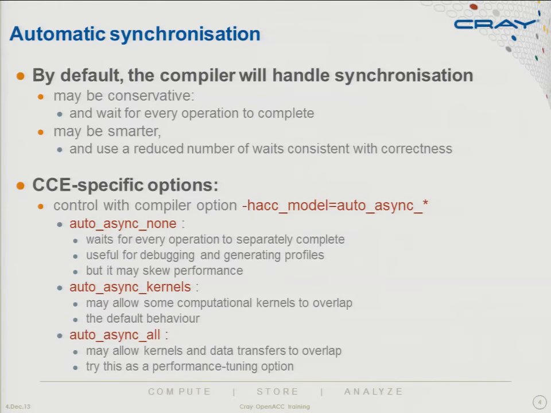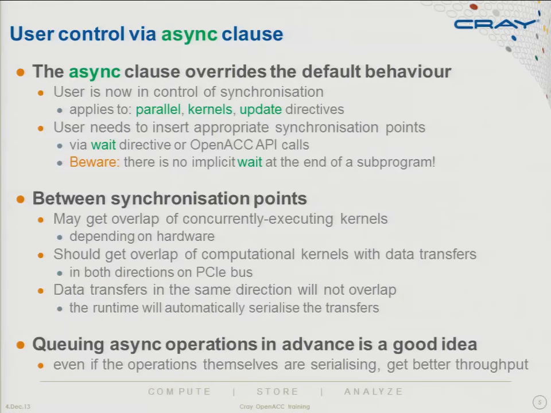Or you can be more aggressive and set it to be all, and that's a performance tuning option that you can try with your code without any code change. This is a Cray specific thing. But if there is a way to exploit asynchronicity in your code, you probably need to do it yourself with user control.